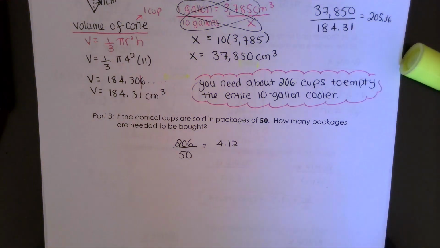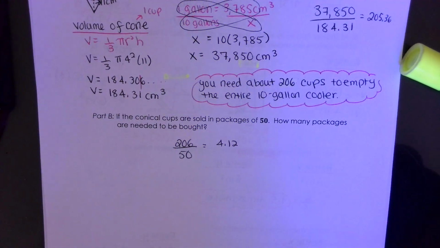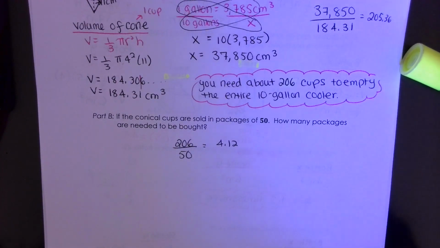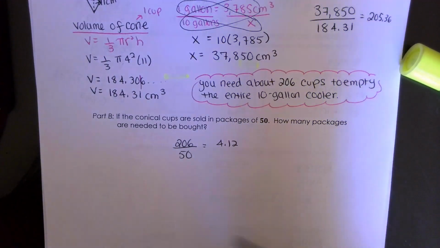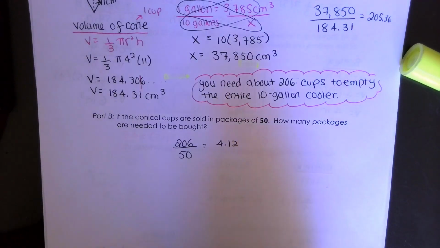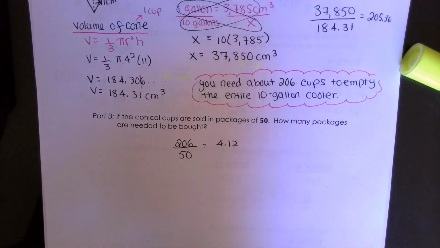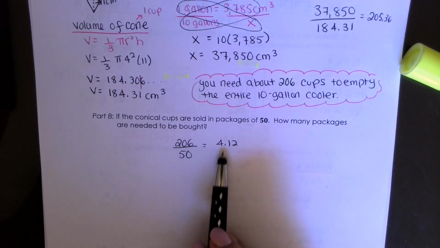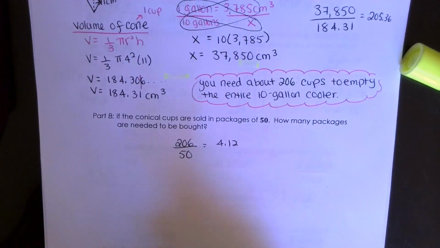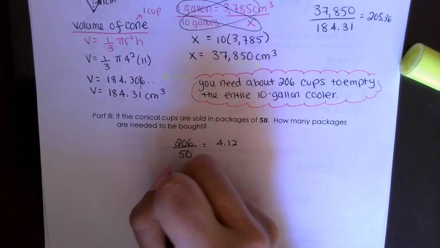So let's think about this. Is that going to be your final answer? I'm going to go to the store and get 4.12? That doesn't make sense. So you always round up. In this case, you just have to say, okay, well, I need an extra package of cups because I need 5. You need 4.12, so you need a little bit more. So how many packages need to be bought? 5 packages.